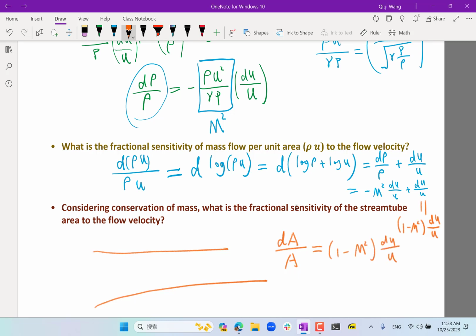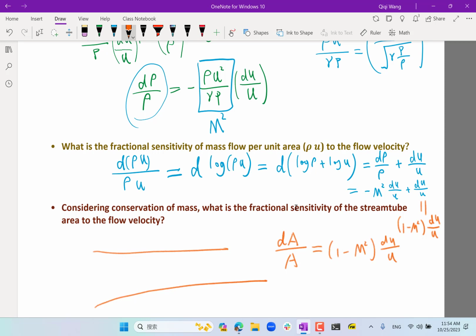All right. Okay. So there is a strange thing here. When Mach number is less than 1, as you increase in velocity, the area required actually shrinks. Makes sense, right? But as Mach number exceeds 1, the relation becomes the other way. As you increase in velocity, the area required actually increases, right?